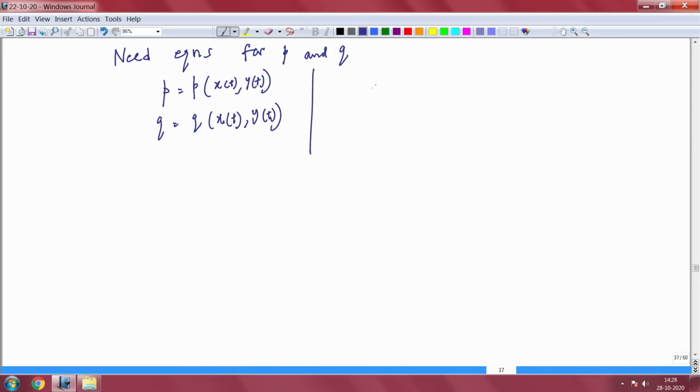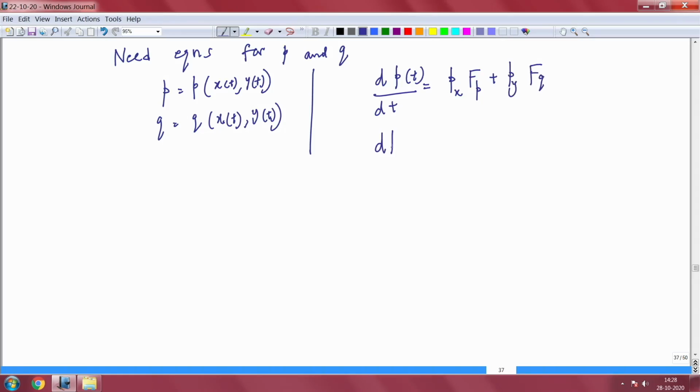If you differentiate, you get two more equations. dp by dt is equal to px into dx by dt, and that dx by dt is fp, plus py into fq.